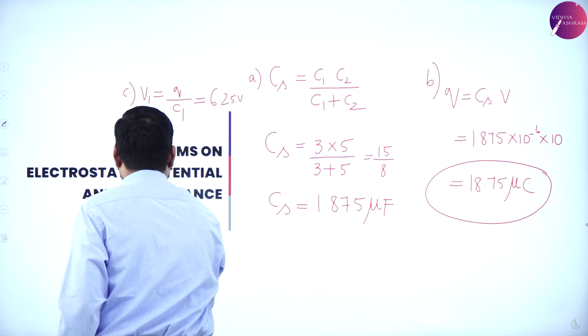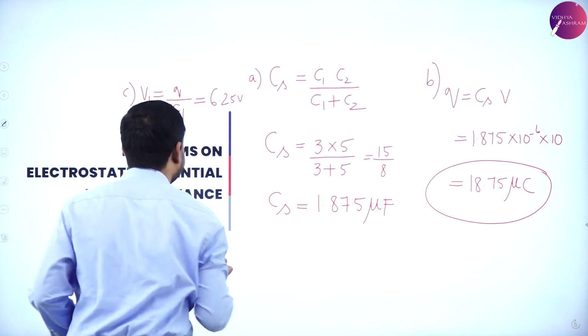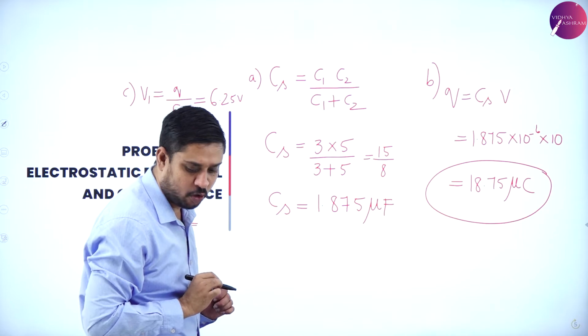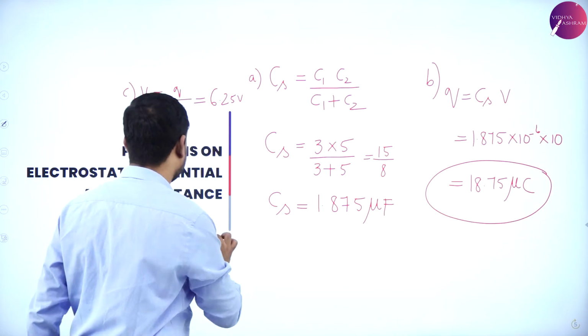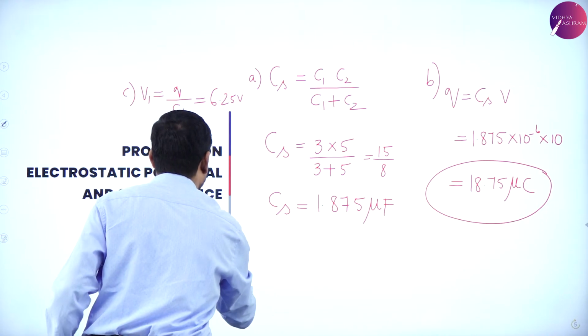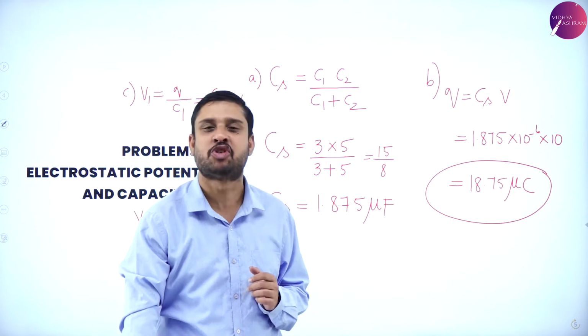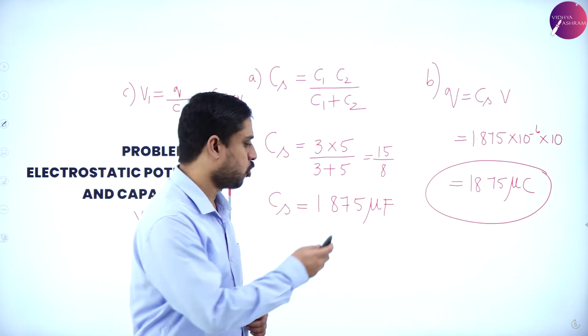This is V1. Similarly, V2 is Q by C2. You substitute, so this turns out to be 3.75 volt. Again, a very simple calculation. The next one, students.